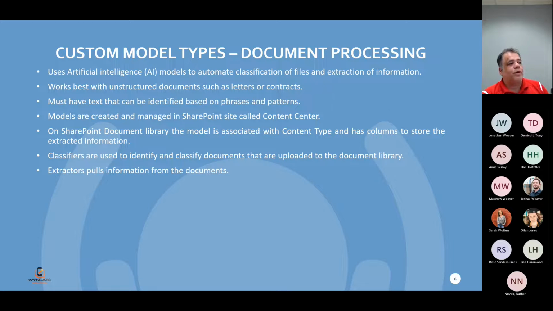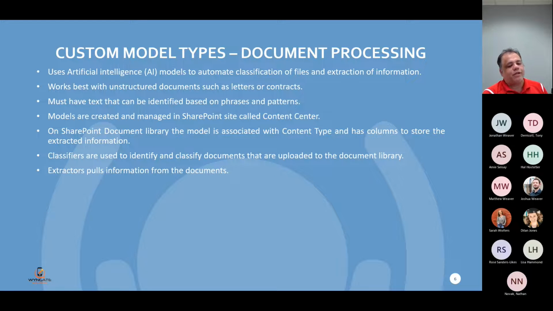As I mentioned earlier, it works best with unstructured documents such as letters, contracts, legal documents and so forth. And while you're extracting the data, it needs to have text that can be identified with phrases or patterns, like where can I find this data kind of stuff.